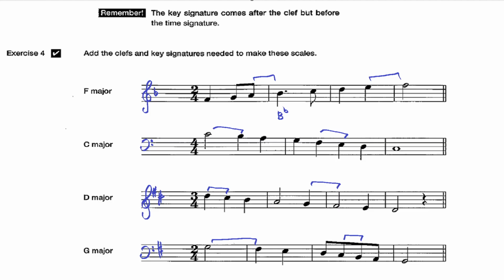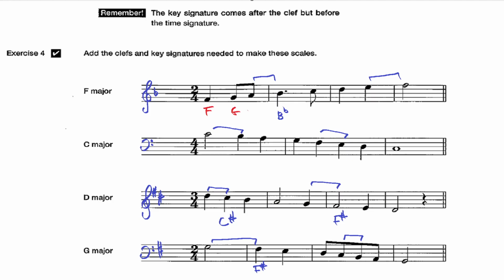Just to show you what notes have been altered because of the key signatures, we've got the C sharp there and the F sharp here. Obviously the C major scale has no sharps or flats, and for G major we've got an F sharp here. Otherwise we just have the normal notes, so I could write those in as well, in a different colour, so you can see which ones haven't been affected by a key signature.